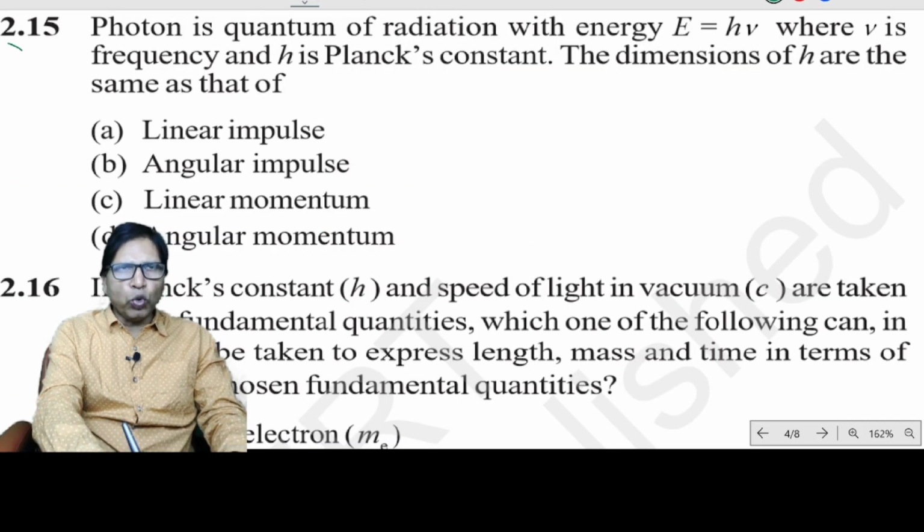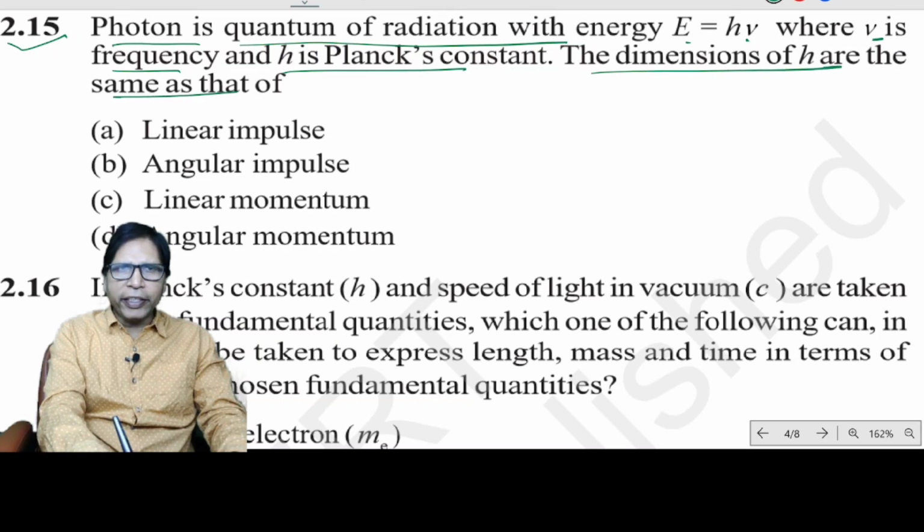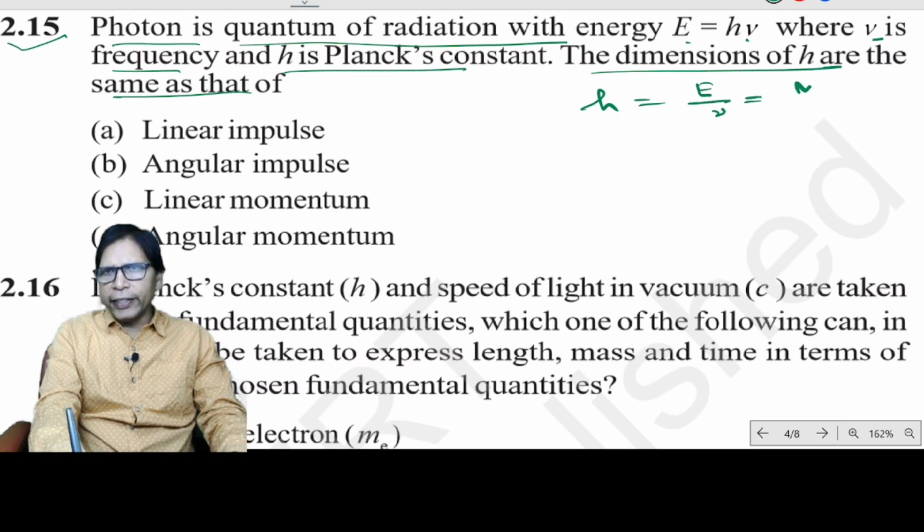Now question number 2.15. Photon is quantum of radiation with energy equal to h nu. Nu is the frequency and h is the Planck's constant. The dimensions of h is same as that of. Now from here the dimension of h is the dimension of energy by dimension of nu. So look at this is the M L square T minus 2 by this is the T minus 1.